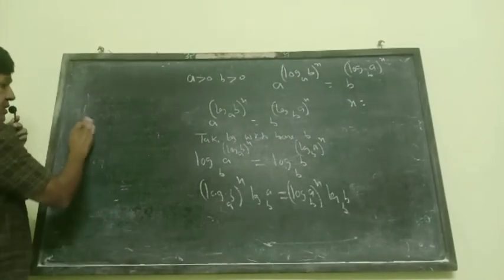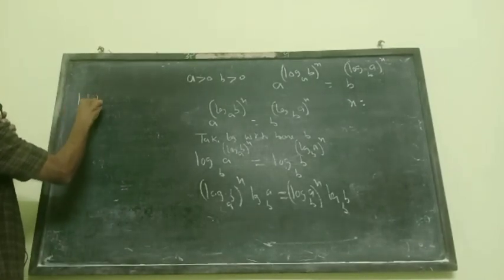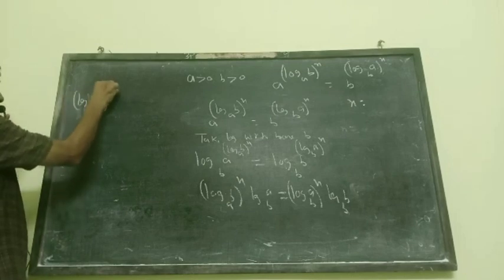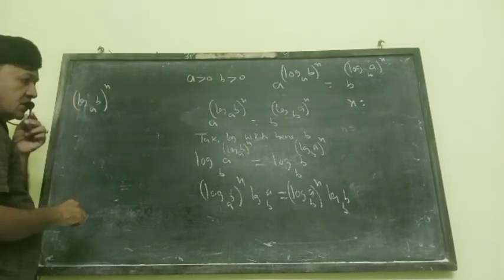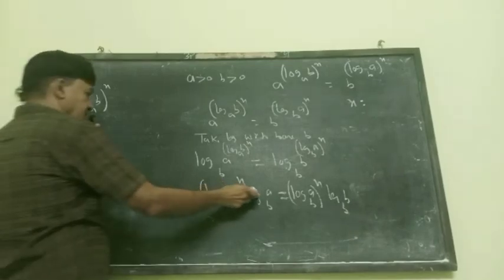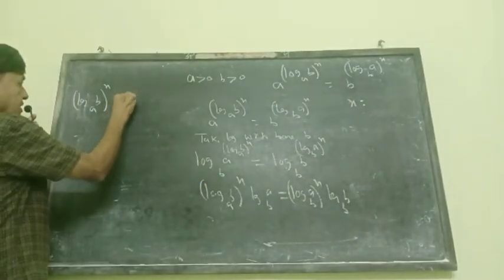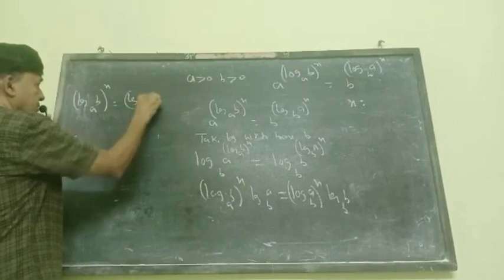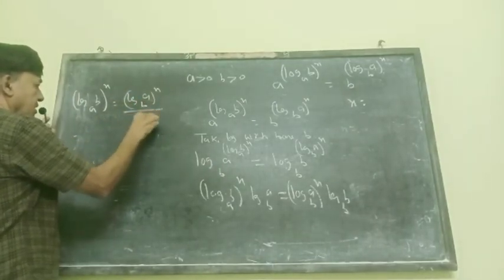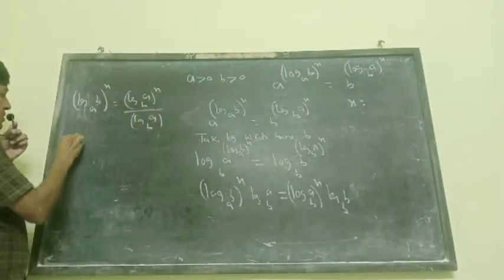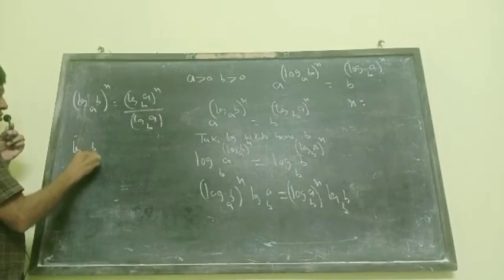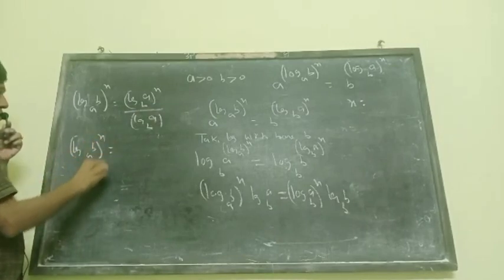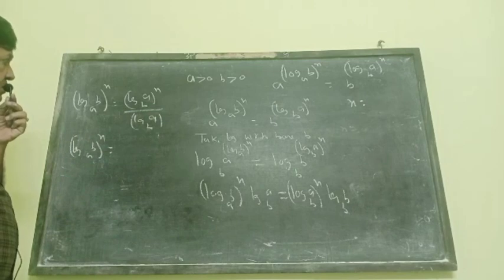So finally you are going to get log B to base A whole power x. You send this to here. You will get log A to base B whole power x by log A to base B.